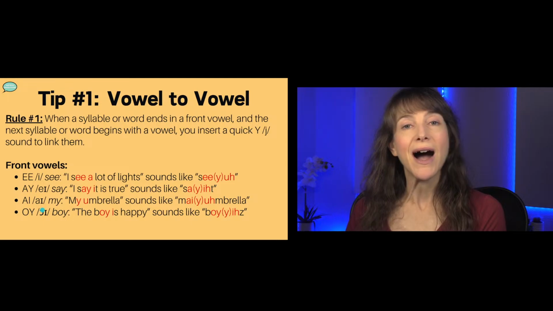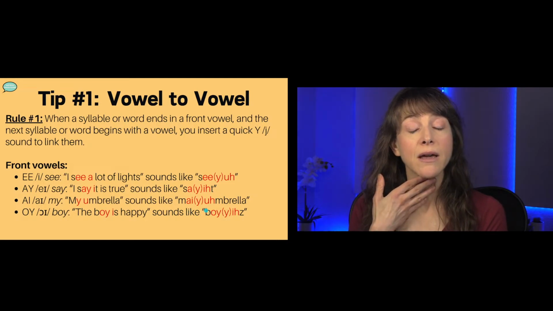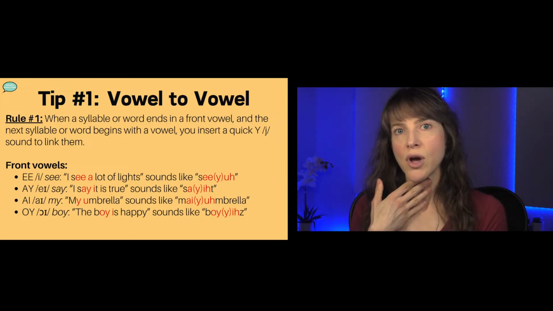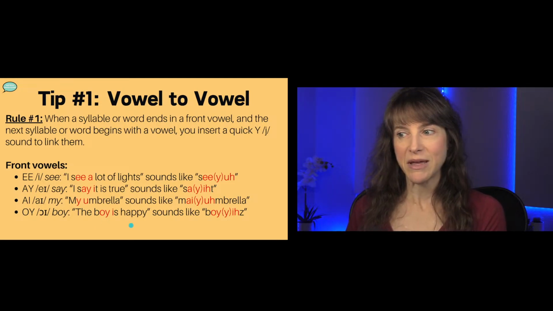We also have I, as in my umbrella. So that phrase is connected and sounds like my umbrella, my umbrella. And then the last vowel is oi, like in the word boy. The boy is happy.